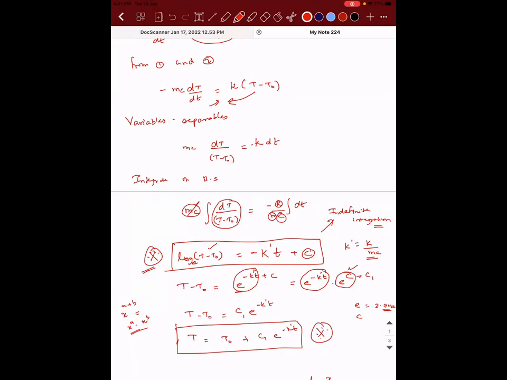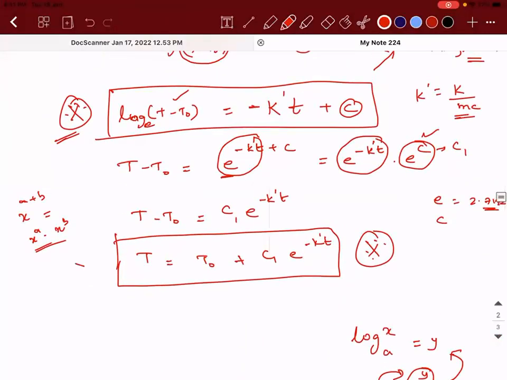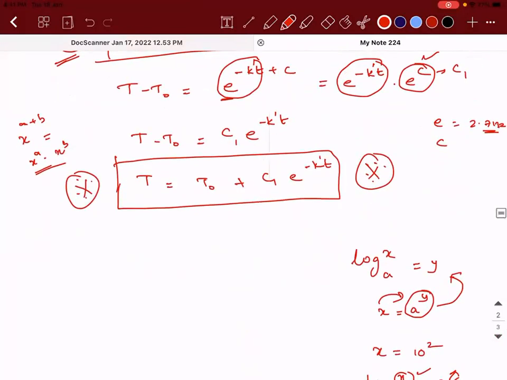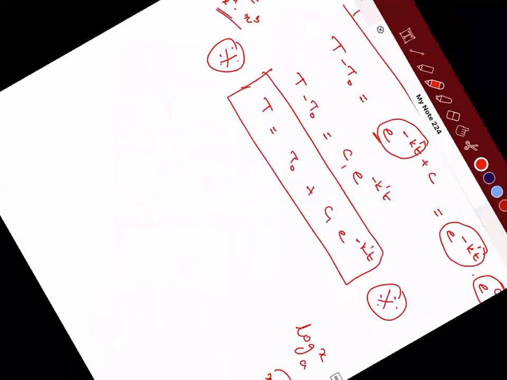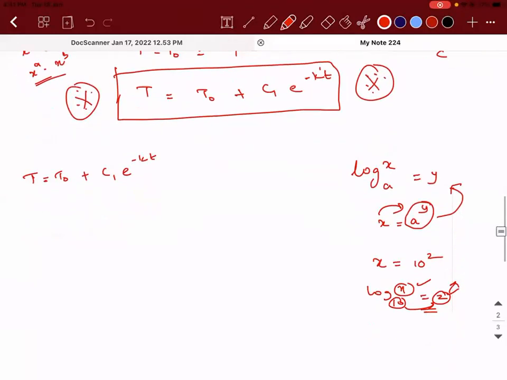Now see, there are certain graphs that we need to draw. I told you there are two important expressions that we need to remember. If you see T is equal to T naught plus C1 into e power minus KT, then if I draw a graph of how the temperature of the substance is lost with respect to time, it will be a graph like this.